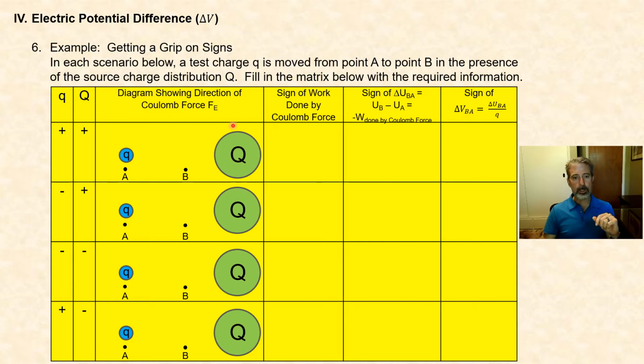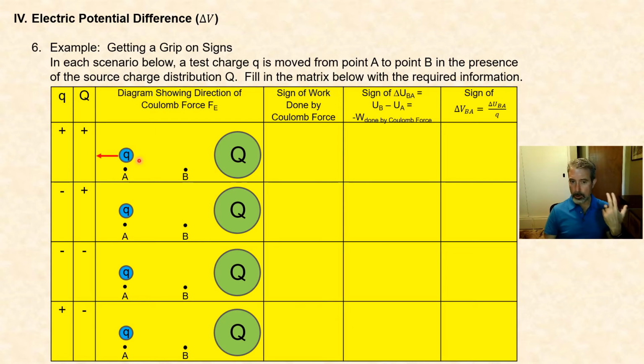So let's start with the top scenario, where the field charge that we're moving is positive, as well as the source charge distribution, which is positive too. In which case, we know that like charges repel, so the Coulomb force on our field charge will be to the left.